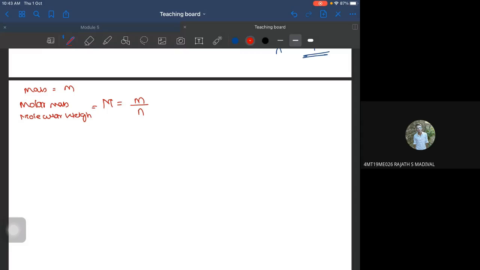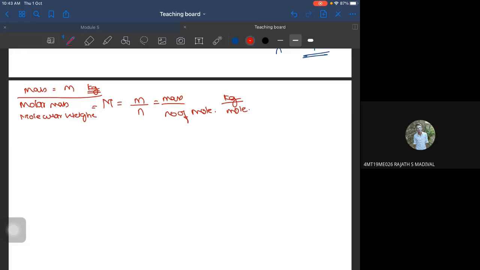When you divide mass by number of moles, you get the molar mass or the molecular weight of a substance. So that is the difference between mass and molar mass. Mass unit is kg, whereas the molar mass unit is kg per mole. Keep this in mind, very important.